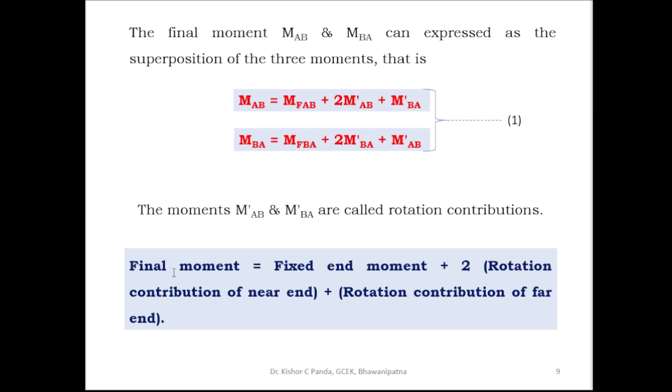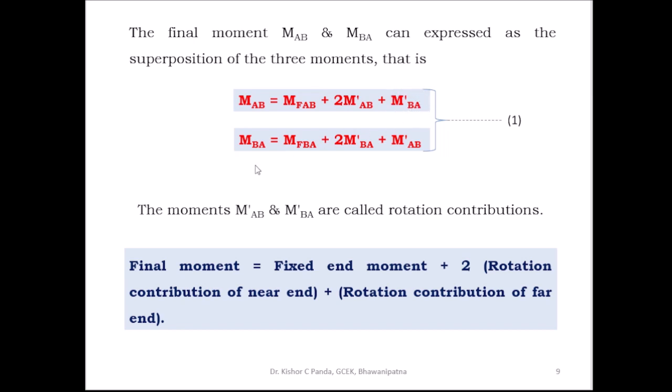So the final moment can be calculated by taking the fixed end moment plus twice the rotation contribution of the near end plus once the rotation contribution of the far end. So here you find the final moment MAB. This is the fixed end moment, this is twice the rotation contribution of the near end, and this is once the rotation contribution of the far end.